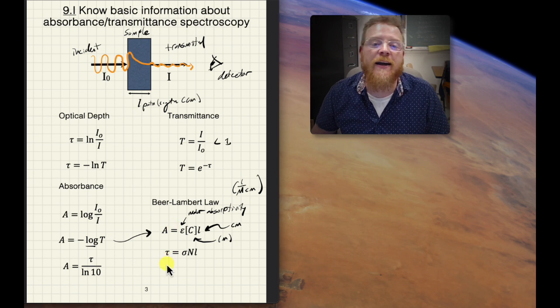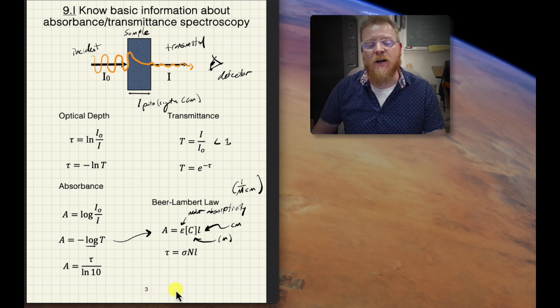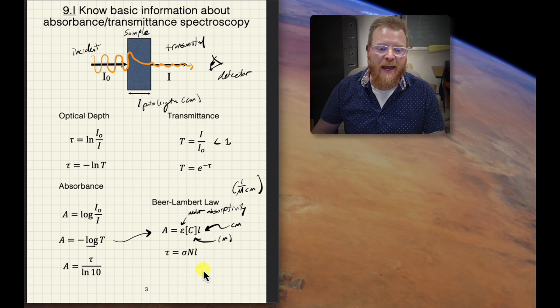Now, we can make an analogous Beer-Lambert law using optical depth. And when this is done, typically this is used for more molecular scale units. So for example, instead of using molarity, we use number density, which is given in molecules per cubic centimeter.